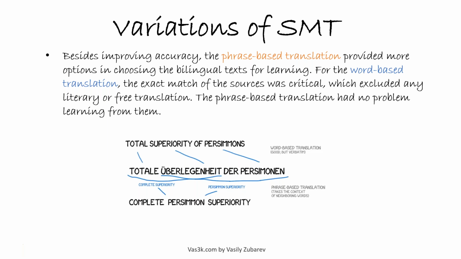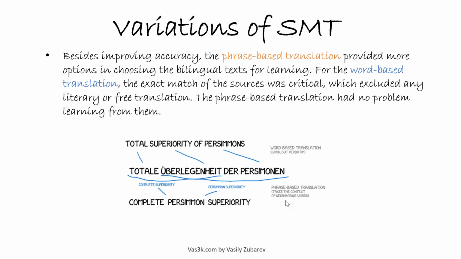So we had a lot of improvements over word-based translation, where the exact match of the sources was critical, which excluded any literal or free translation. Word-based translations were good, but not so good.